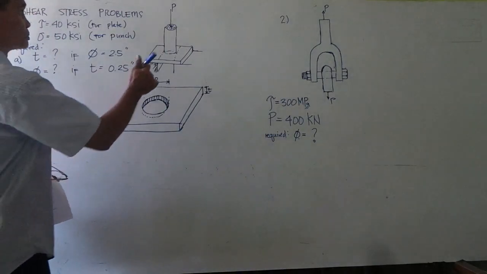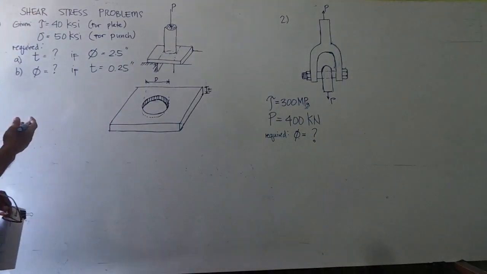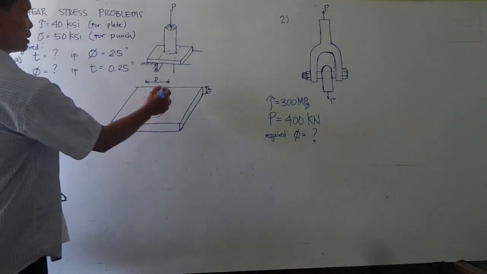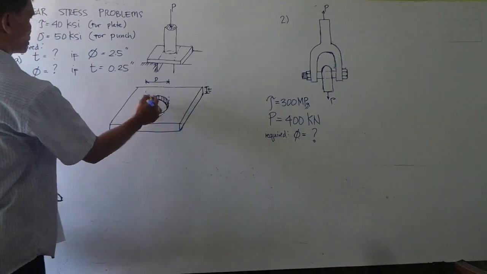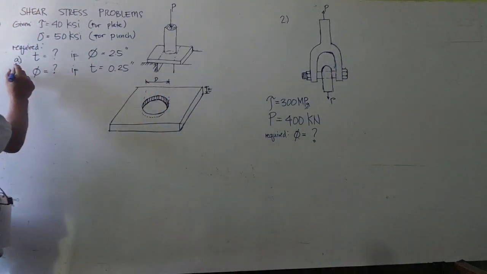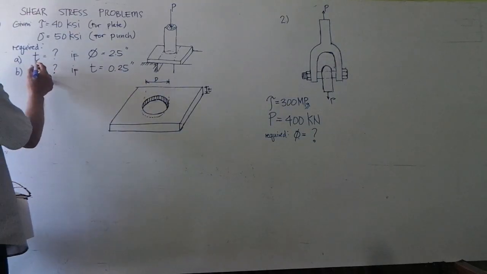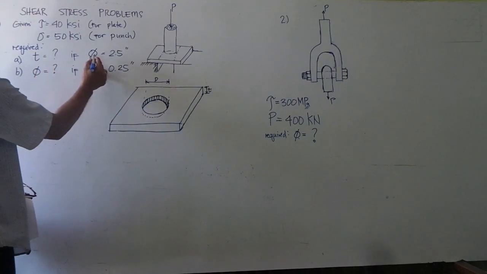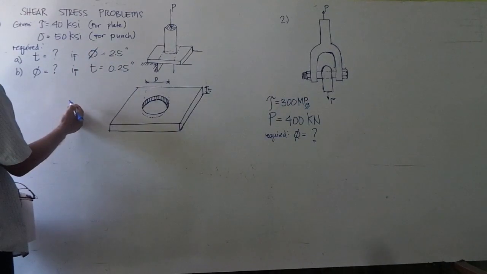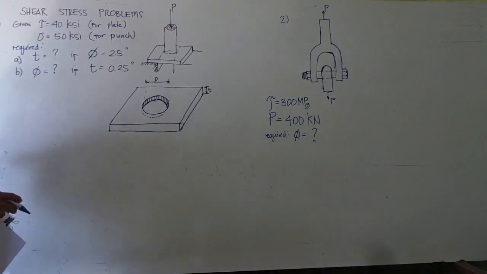This is the thickness of our plate, which is not given. Then we have the diameter of the punch, of the hole. In the first requirement, we are told to solve the thickness of the plate. The diameter, this is the symbol of diameter, is 2.5 inches.